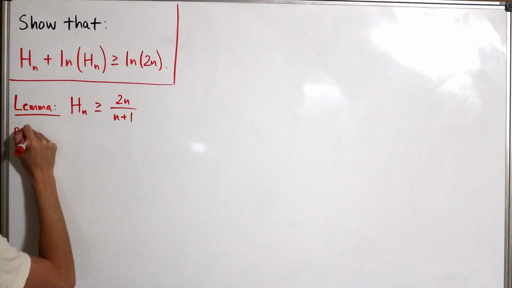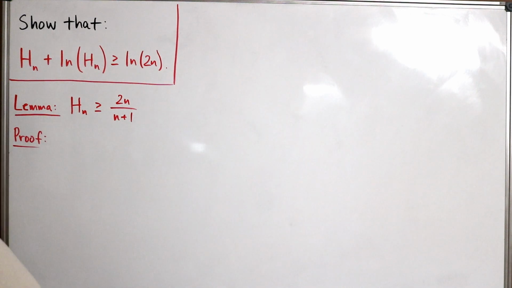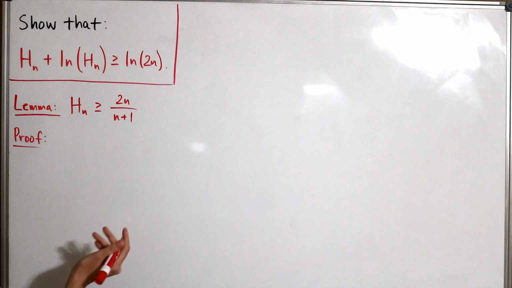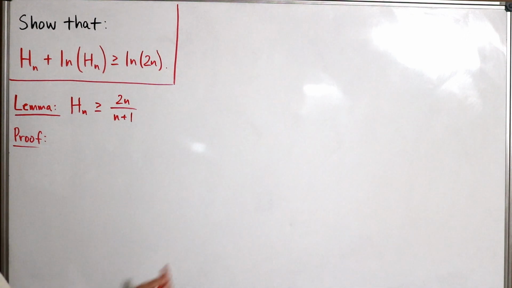This is known as the HM-AM inequality, in other words, the harmonic mean and the arithmetic mean.